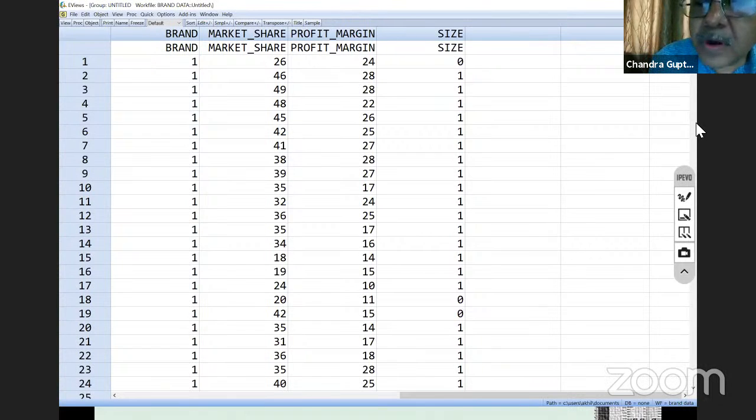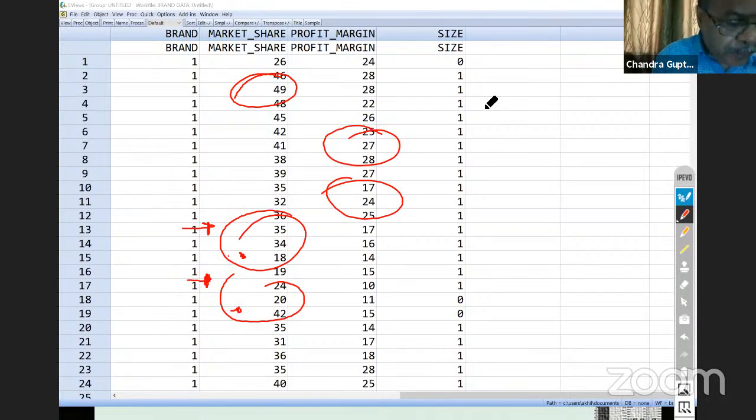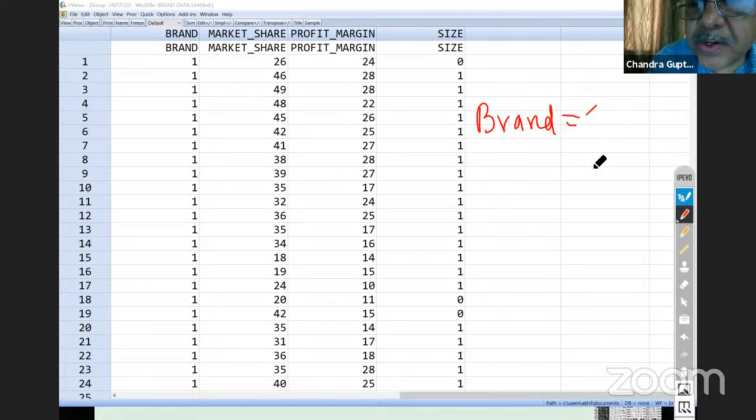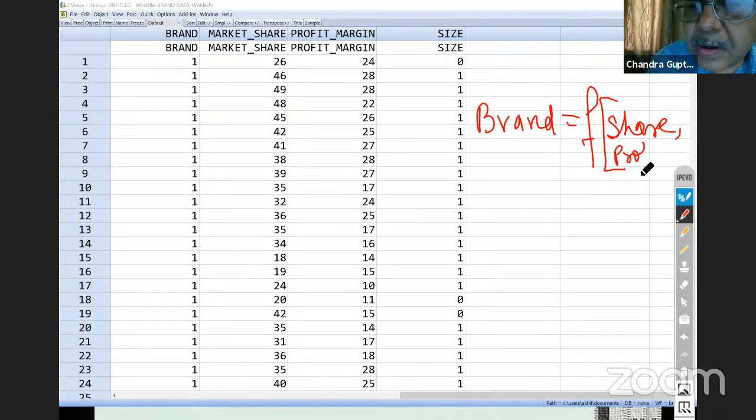So my model suggests that brand is a function of market share, profit margin, and size.